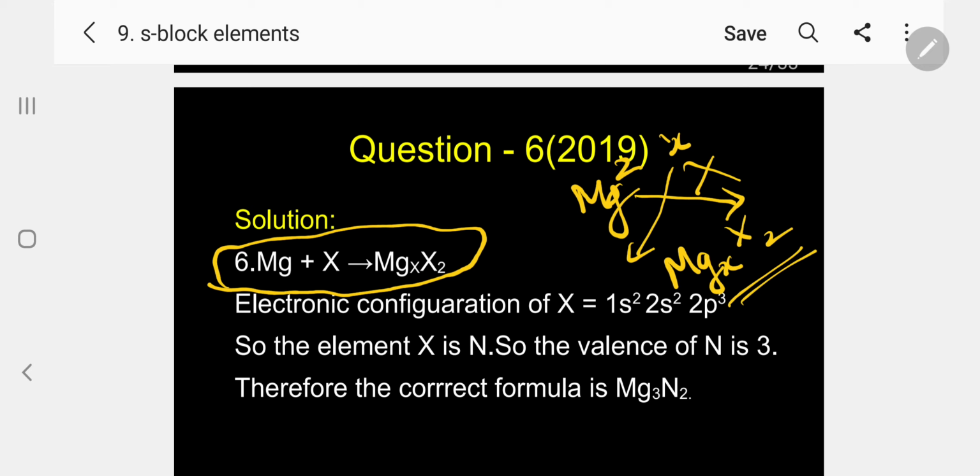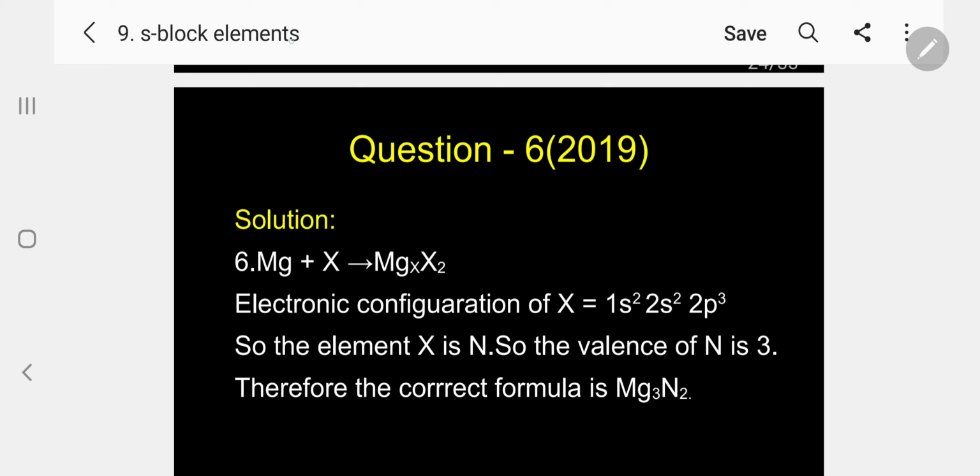But additionally, for X they have given the electronic configuration: 1s2, 2s2, 2p3. It is in the second period, so you must know the elements, then only can you think. The second period: lithium, beryllium, boron, carbon, nitrogen, oxygen, fluorine, neon.